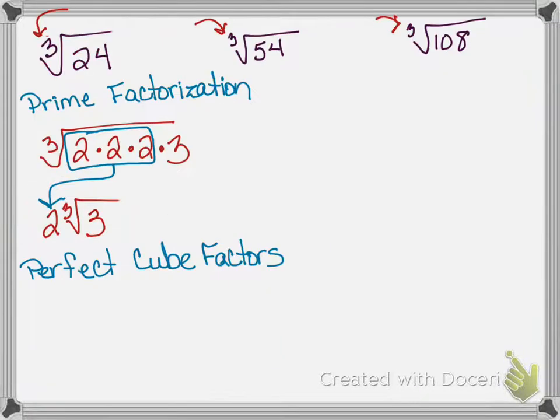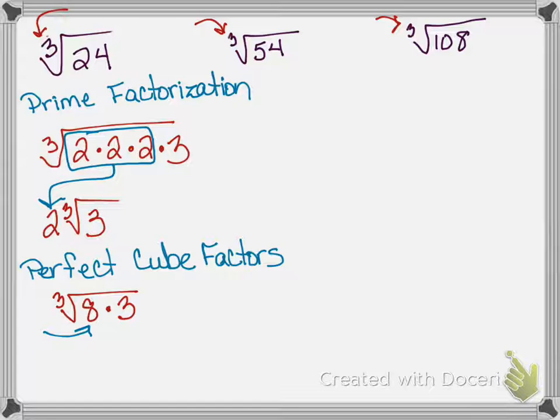Okay, but I'm looking for perfect cube factors now, and those are harder. My perfect cube factor in 24 is 8. So I have the cubed root of 8 times 3. 8 is the perfect cube factor.